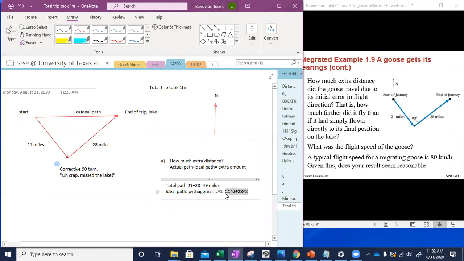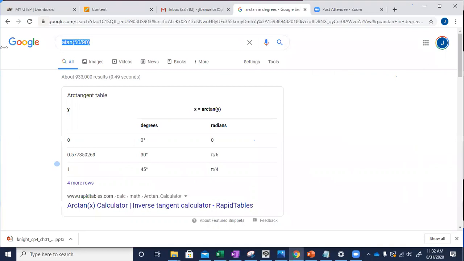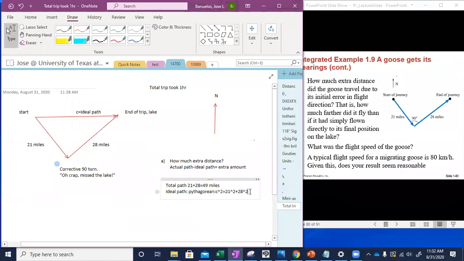So I can take that. And if somebody already did it, you could just blur out the answer. Say it loud. 35? All right, so we got an answer of 35 for the distance. So c is equal to 35. So 35 miles was the ideal path.